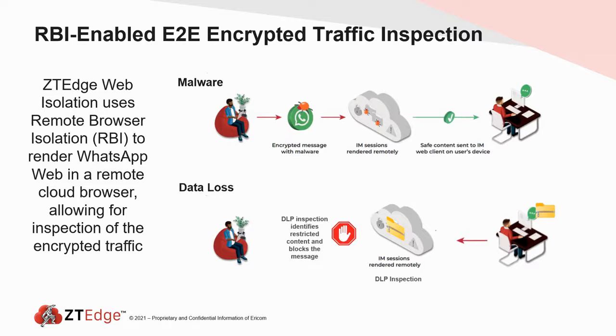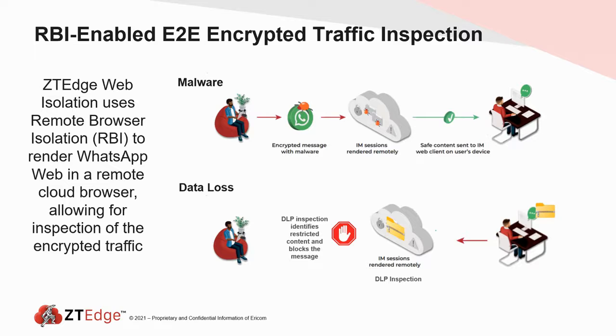And this is remote browser isolation, which means that the actual web session is not occurring on the local browser, but is actually occurring in the ZT Edge cloud platform, which means that we now have the ability to catch and inspect both inbound and outbound traffic from the local browser to the actual web session that's occurring in the ZT Edge cloud.